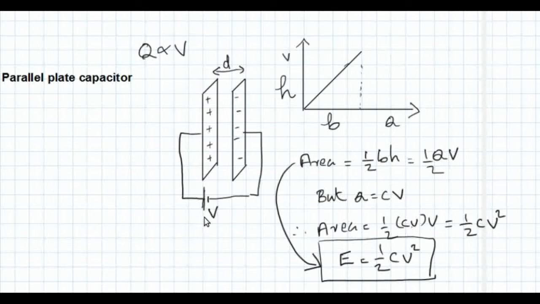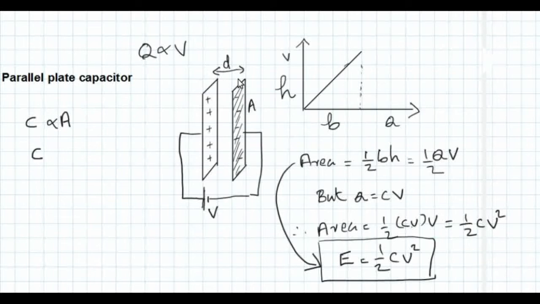And if V is the potential of the cell and D is the distance between the plates with A the area of these plates, we can find the capacitance of this parallel plate capacitor. It is found that capacitance depends on area, because as we increase the area, this plate can store more and more charge.